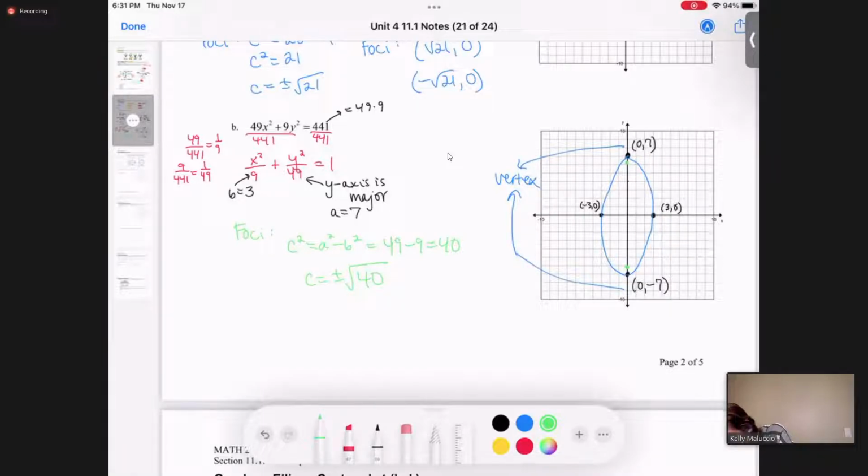But this is 0 comma square root of 40. And this one is 0 negative square root of 40, right? And we have the foci are at those points. And then the vertices are these points here, right? Vertices.